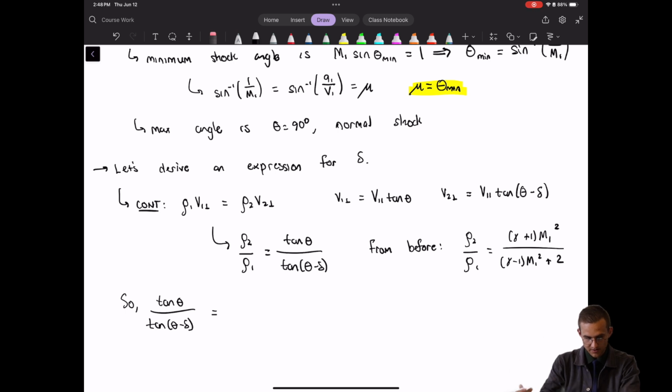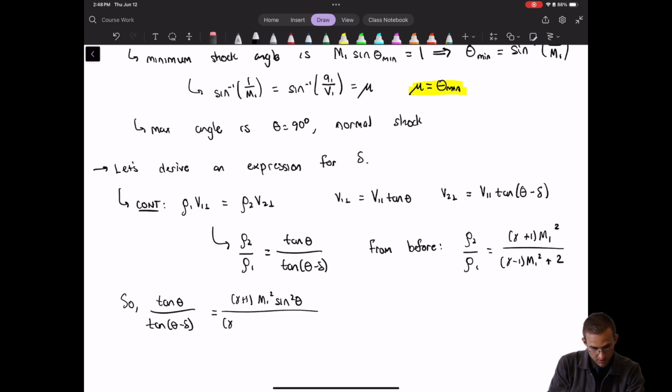We're working in the perpendicular direction, correct? So let's make sure we use the correct definition of the perpendicular Mach number. And so what we get is gamma plus 1 m1 squared sine squared theta over gamma minus 1 m1 squared sine squared theta plus 2.